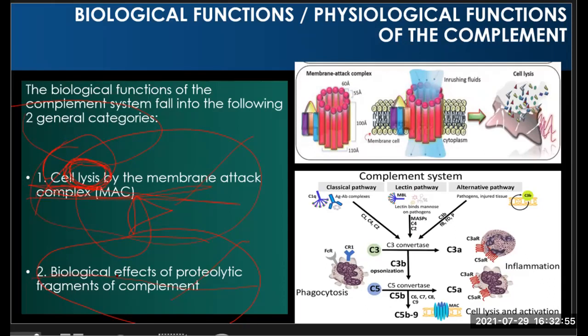These fragments may remain bound to the same cell surfaces at which complement has been activated or may be released. So remember, fragments may either remain bound or be released into blood or extracellular fluid. In either situation, active fragments mediate their effects by binding to specific receptors expressed on various cell types, including phagocytic leukocytes and the endothelium.